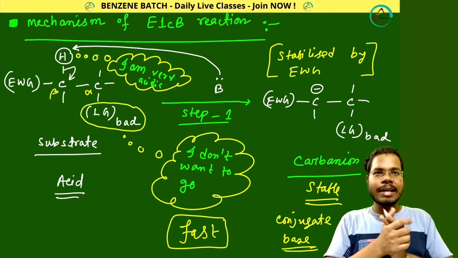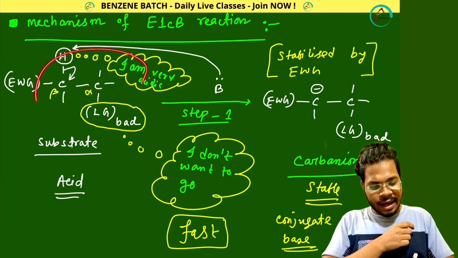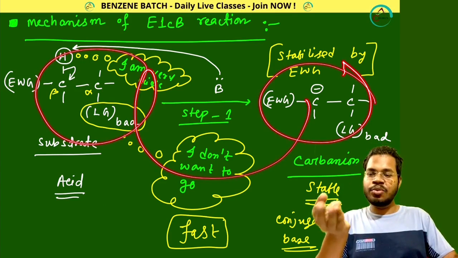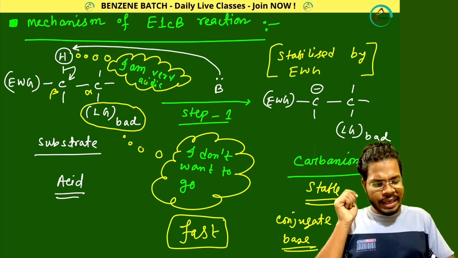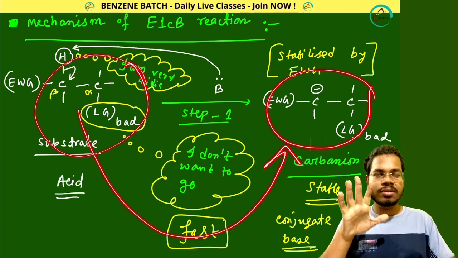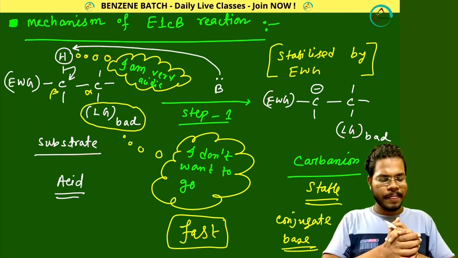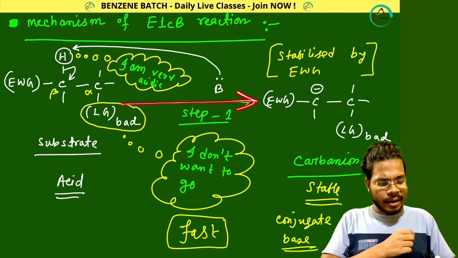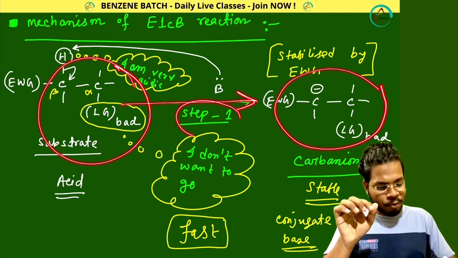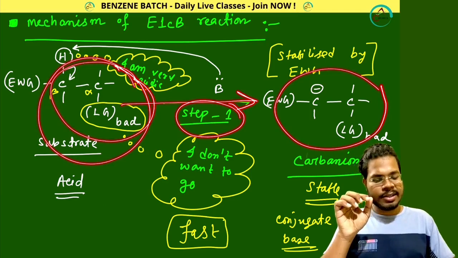How many steps are there in the reaction? Here I have 2 steps. As I already told you in the SN1, SN2, E1, E2 reactions, in every step there is a reactant and a product. So can I say that in step 1, this is my reactant and this is my product?